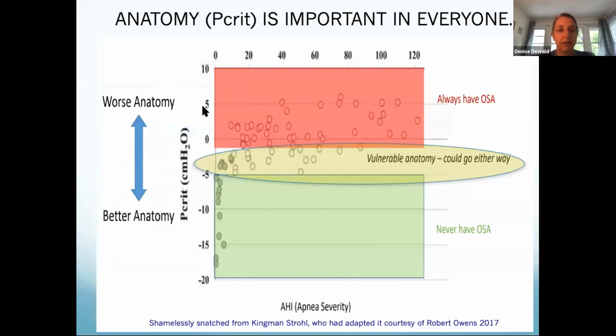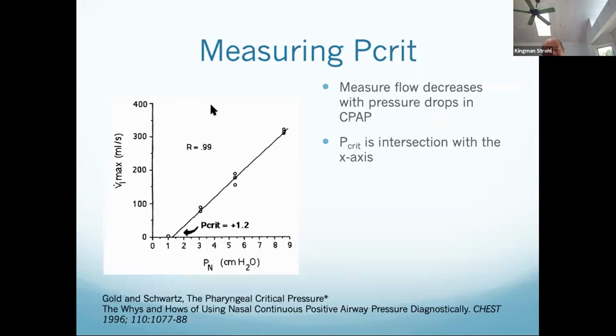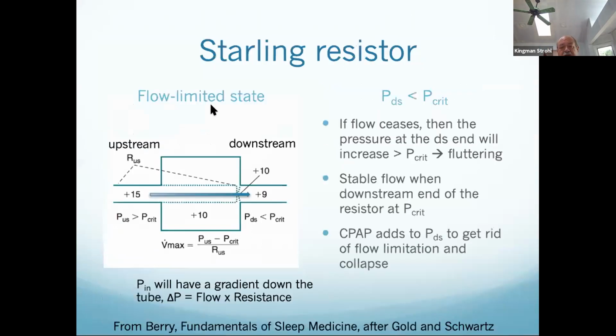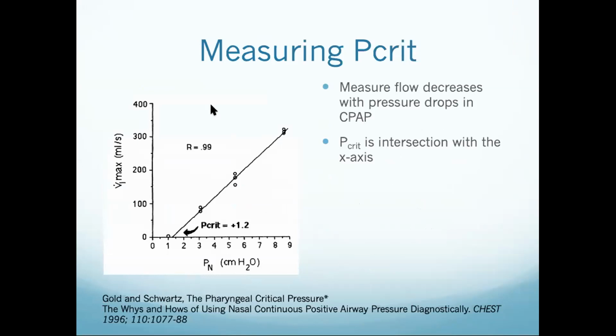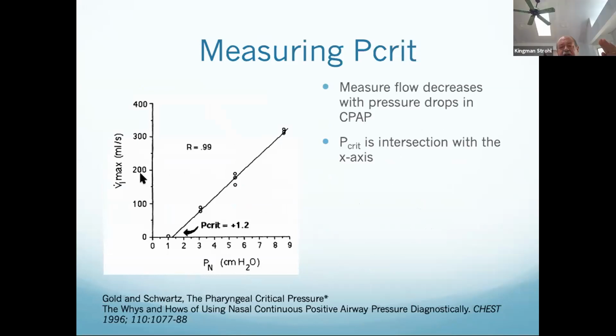So here, this is one of Kingman's slides. Let's go back again. Sure. Let's go back. So any of the fellows that do not snore, that whole curve is going to be shifted to the left. And in order to close your airway, I will have to suck on it, and it would be a negative P crit.